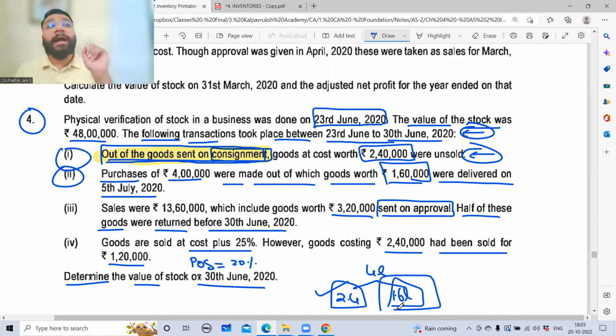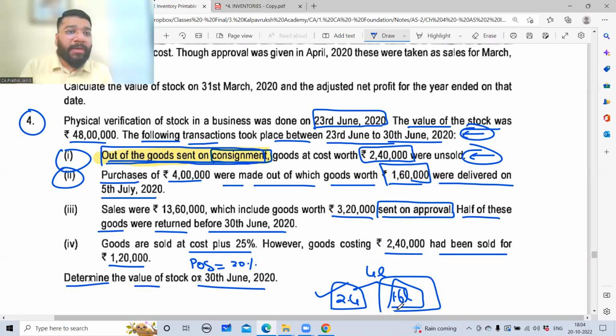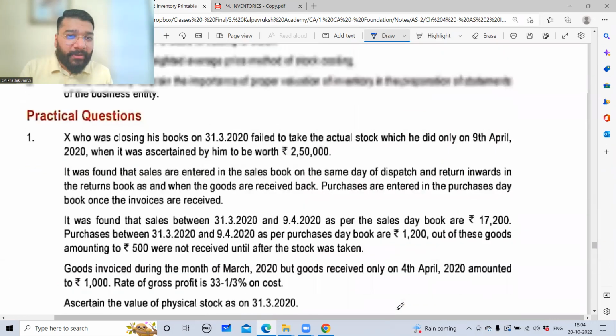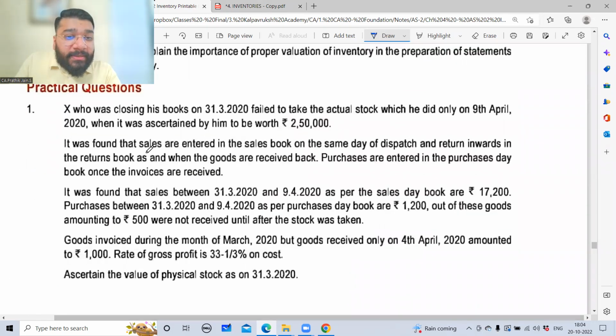If you remember, when we did the backward reconciliation, in certain questions, the question had stated the policy of recording the purchase, the policy of recording the sale. For example, the first question we did. Here, if you observe, they said that sales are recorded in the books when they are dispatched, and purchases are entered when the invoice is received.